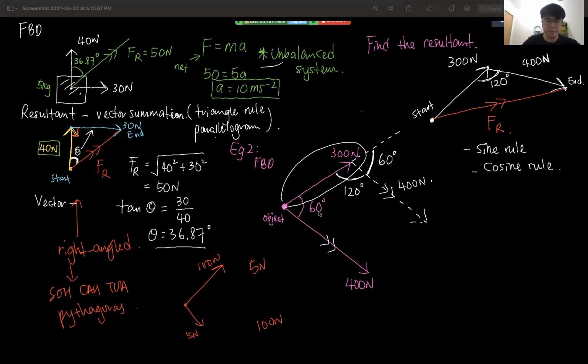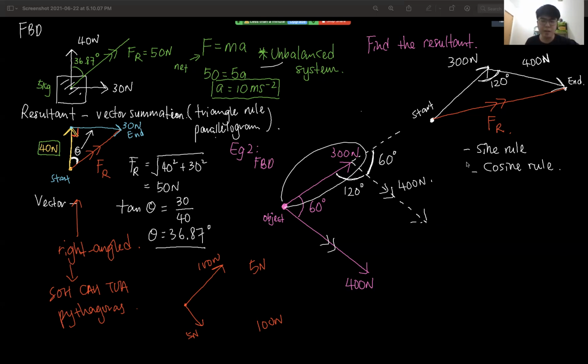No, never heard. During junior. Okay, okay. The basics, okay. Now here we can only solve it using the sine and the cosine rule. So no choice, you have to learn.